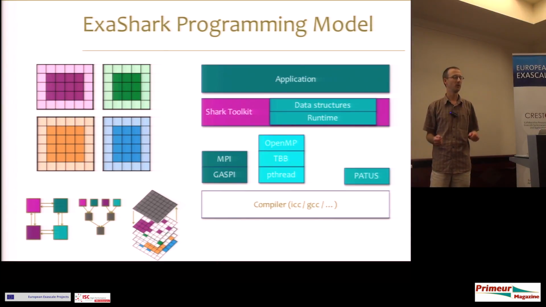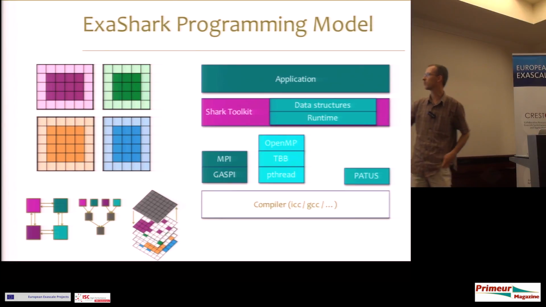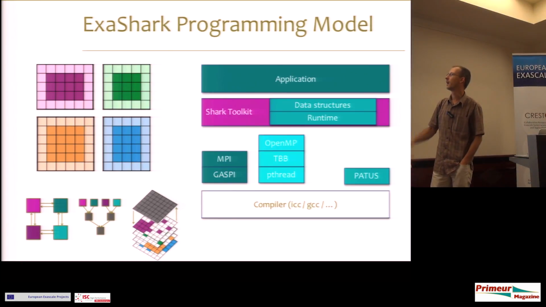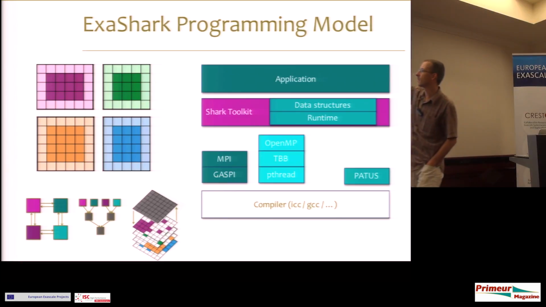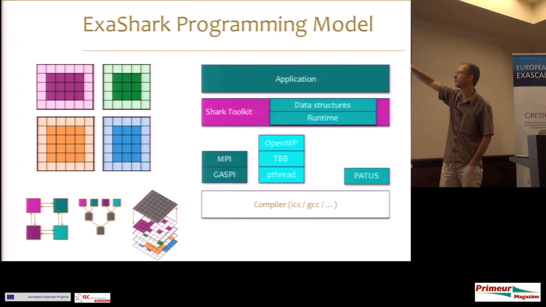It's much easier to do gather, scatter, and accumulations. So whenever I feel appropriate, I use GASPI, and whenever I feel appropriate, I use MPI. And the application library doesn't need to know about this. They don't need to know what's underneath as long as it scales well. So that's the idea. The Shark library, which is the thing in between, is relying on C++. I'll show some examples of this later.